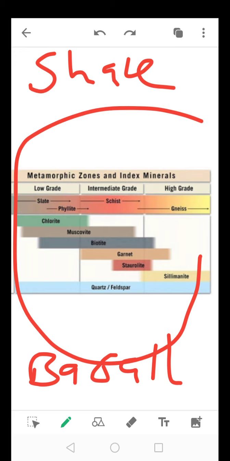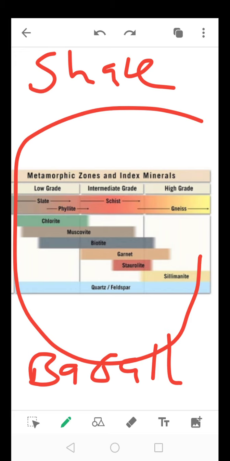So before I tell you more about the different protoliths that would give you different rocks within each grade, those rocks containing the index minerals.